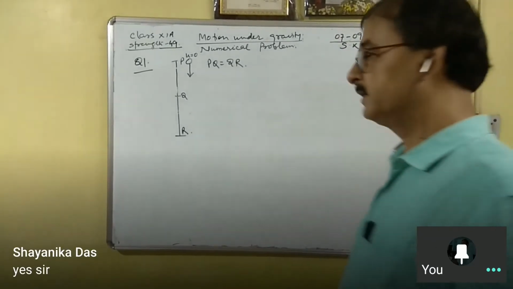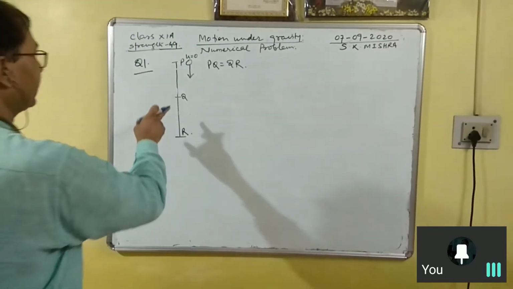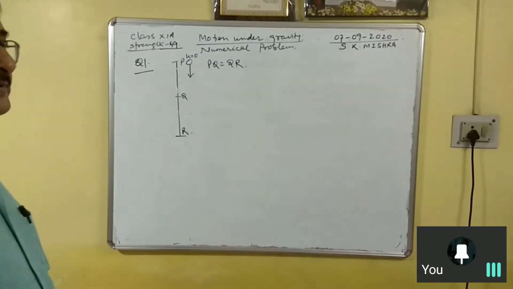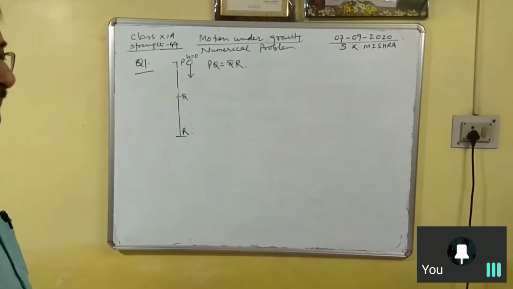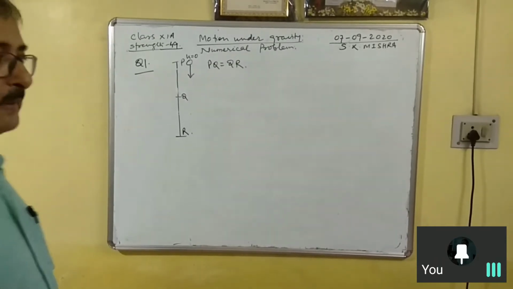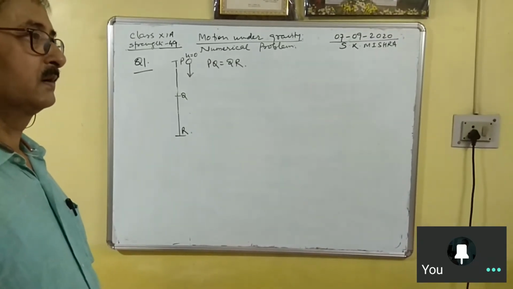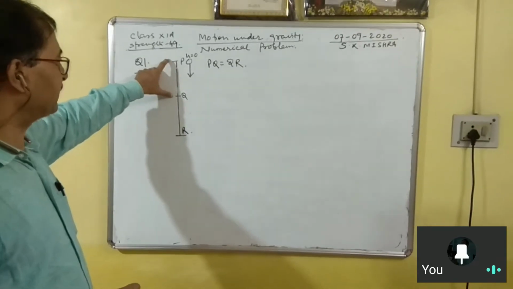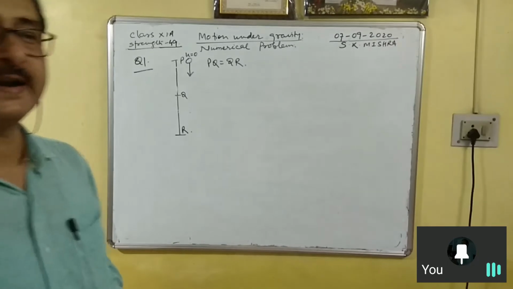Will the time taken to cover distance PQ be equal to the time taken to cover the distance QR? These times may or may not be the same. If it takes 2 seconds to cover distance PQ, will the remaining half distance take more than 2 seconds or less than 2 seconds?